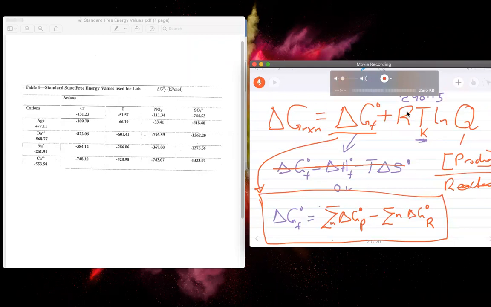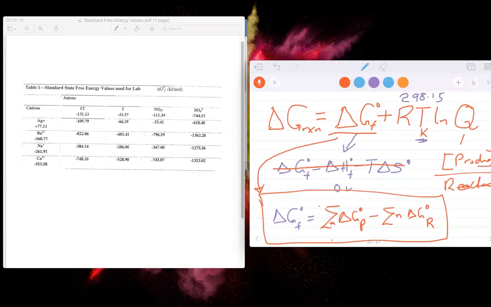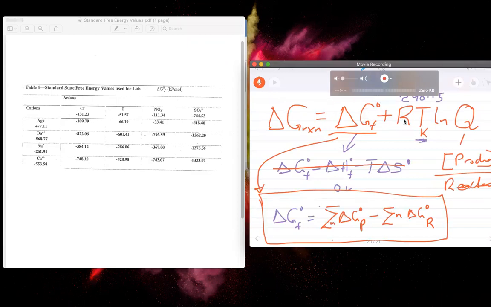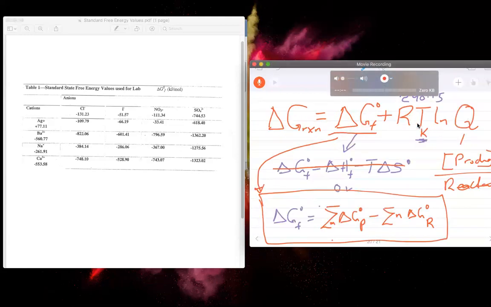R here is 8.314, and this is in joules. This part right here will be in kilojoules, but this term right here will be in joules because of the R value.